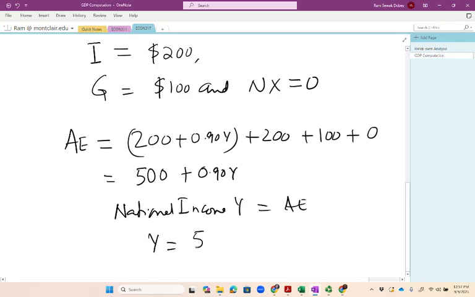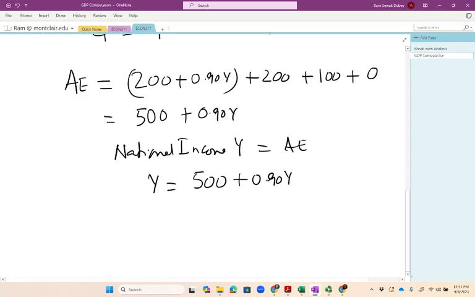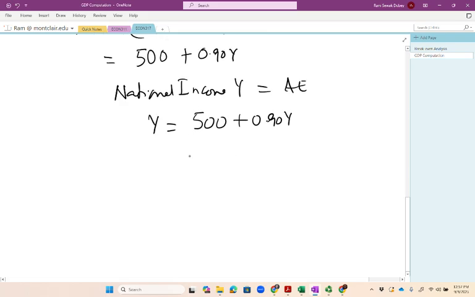Y equals 500 plus 0.9 Y. One equation, one unknown, we should be able to solve. And the way we will solve is, I take all the variables on the left hand side, constants on the right, so I need to move 0.9 Y on the right to the left.